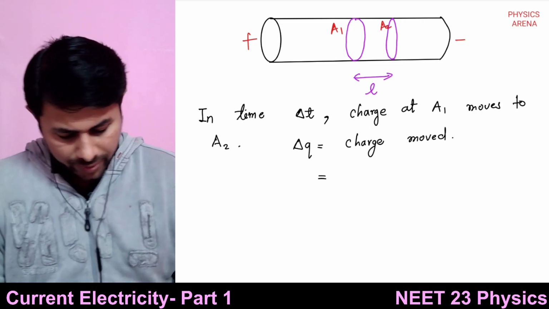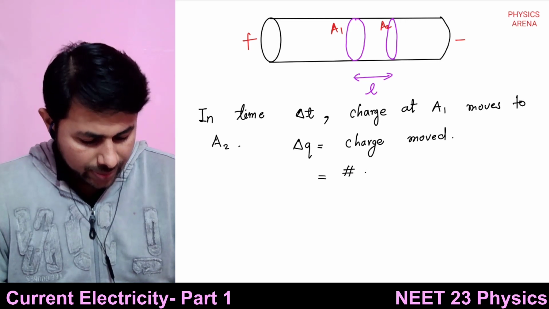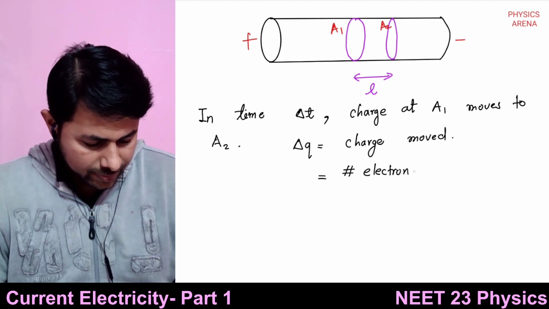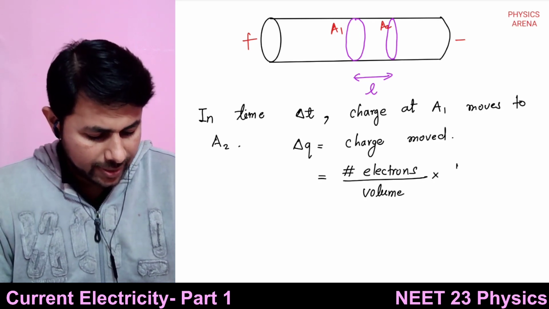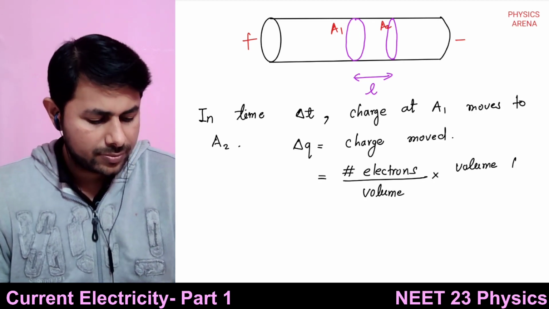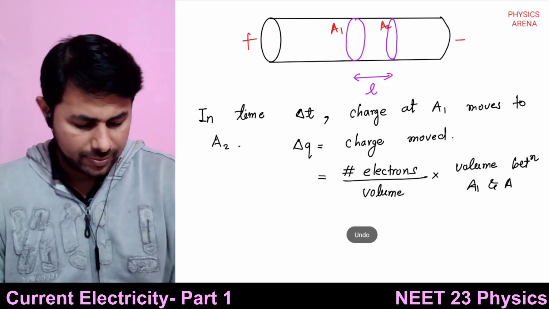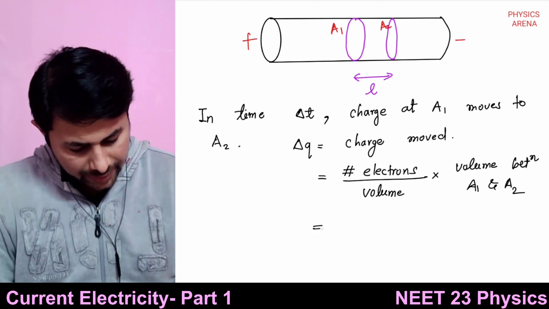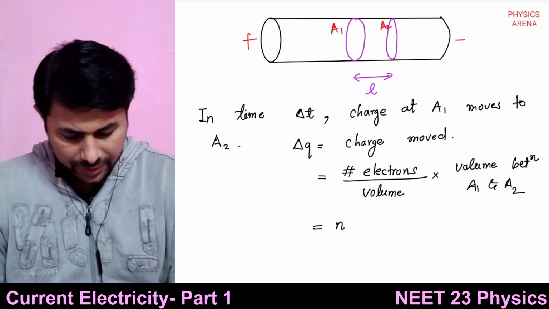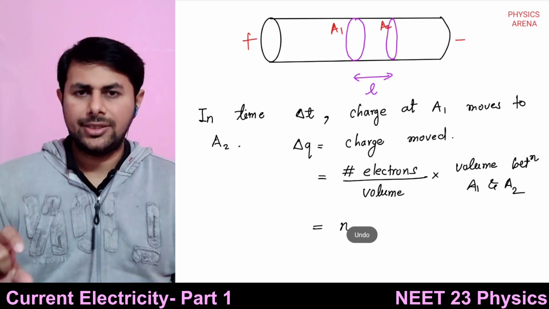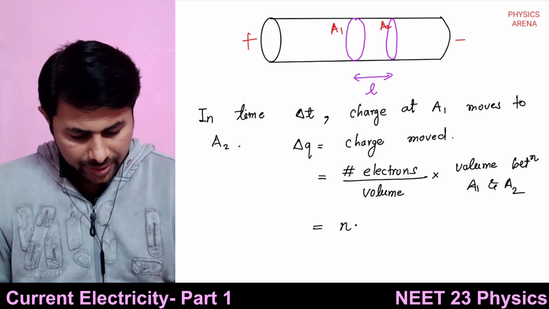So delta Q will be number of electrons per unit volume multiplied by volume between A1 and A2. Number of electrons per unit volume we will denote by small n. This is the density of electrons, multiplied by the volume between A1 and A2.